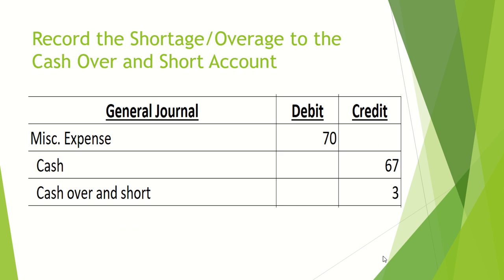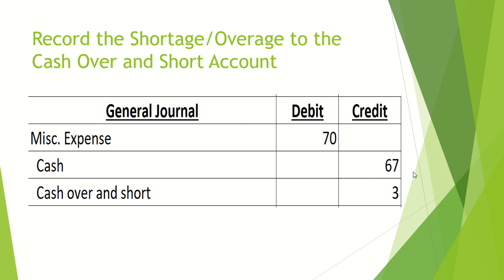Okay. So to record the shortage or overage, which in this case is an overage, we're going to first debit miscellaneous expense for $70. We're going to credit cash for $67 because that's the actual amount that went out to pay for those three items.